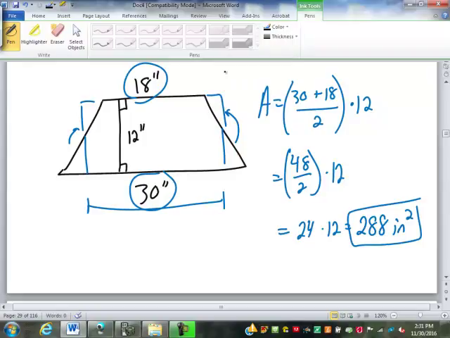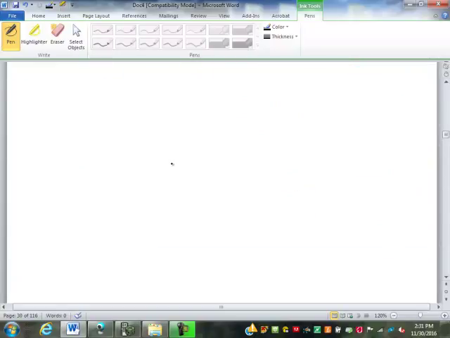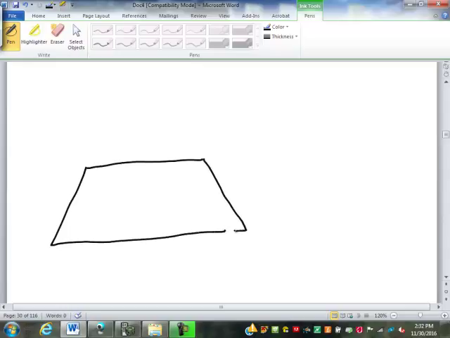So because of that formula and because of the way we defined area, volume, and surface area, we can now find the surface area of an object like this. Let's say that is 12 feet there, and this is 5 feet.